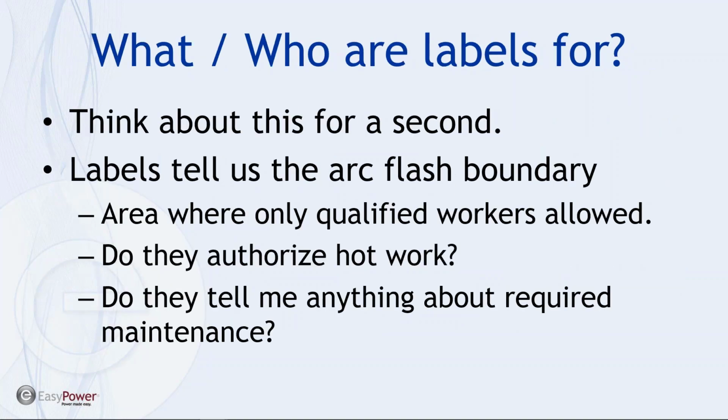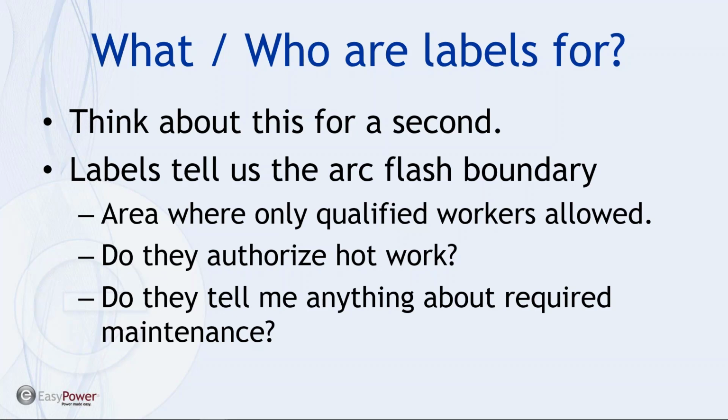And he was a little slow to respond, so I held forth with my way of thinking, and that is, think about this. Labels tell us the arc flash boundary, and that's the area, the limit, within which only qualified workers are allowed. So do labels authorize hot work?